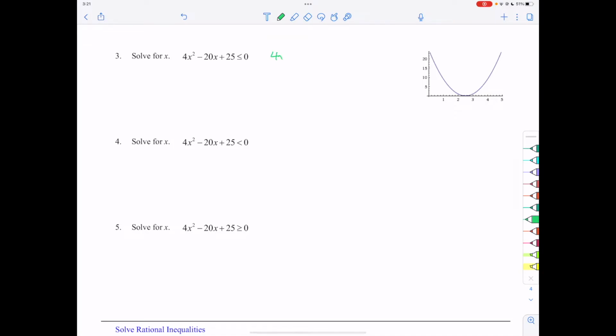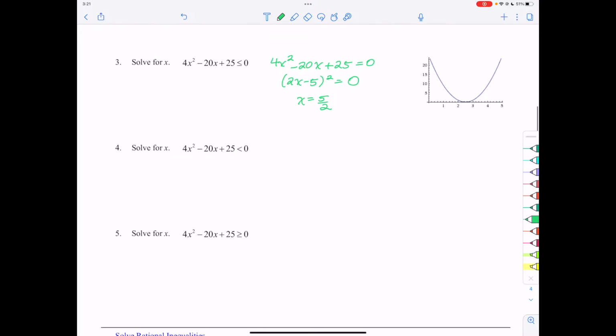And we have 4x squared minus 20x plus 25 is equal to 0. And obviously you can see that this is a perfect square. (2x - 5) all squared. So x is equal to 5/2.